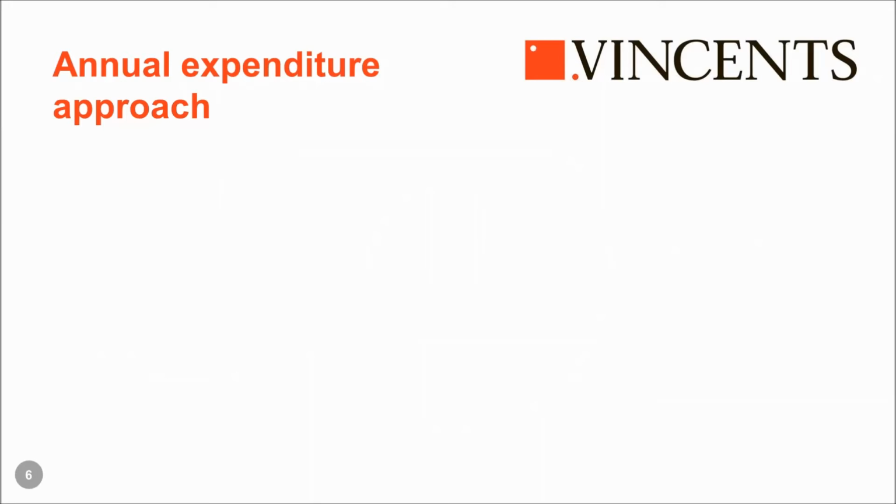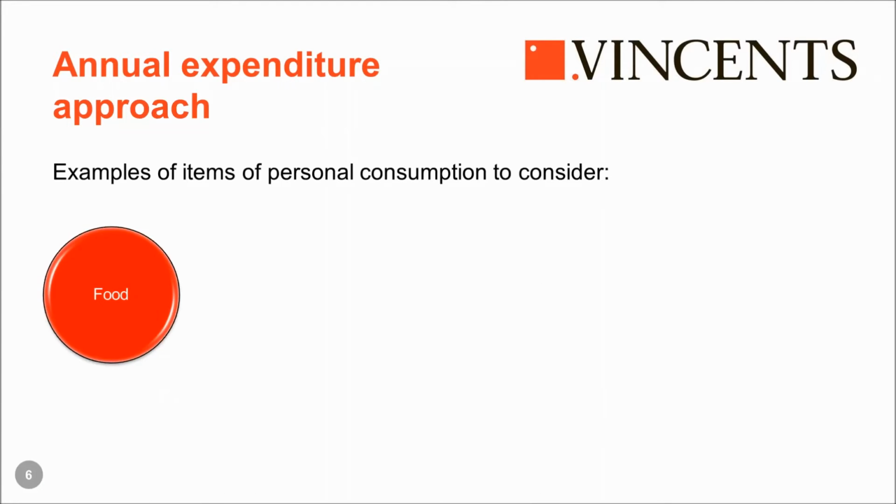Alrighty, so when we assess and calculate using the statistical approach, as well as when we use the actual expenditure approach in calculating loss of dependency, there are two broad categories that we consider, which are the non-divisible and the divisible expenses. Now, food is the prime example we have of divisible expenses, in that subsequent to the death of the deceased, these expenses will typically decrease on a household level. In the case of food, it's just to take account of the fact that there is one less member of that household.